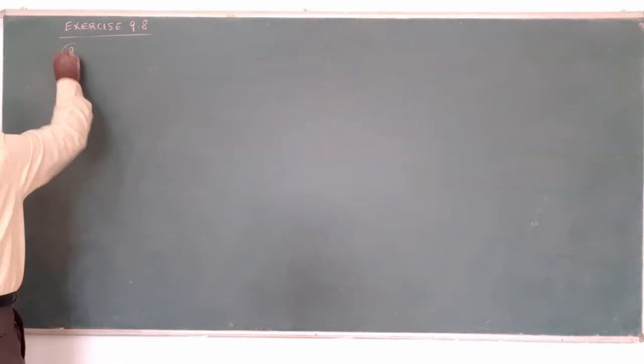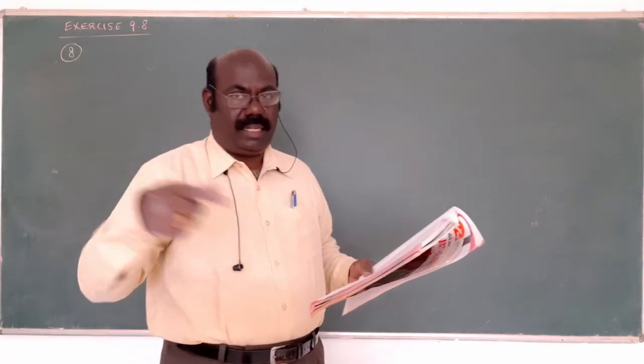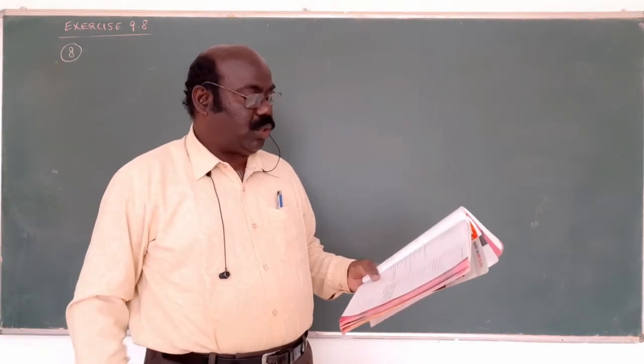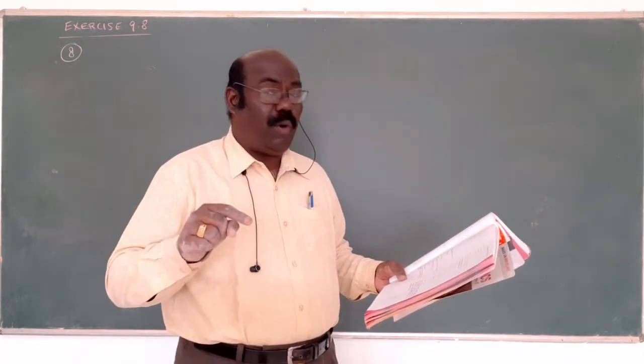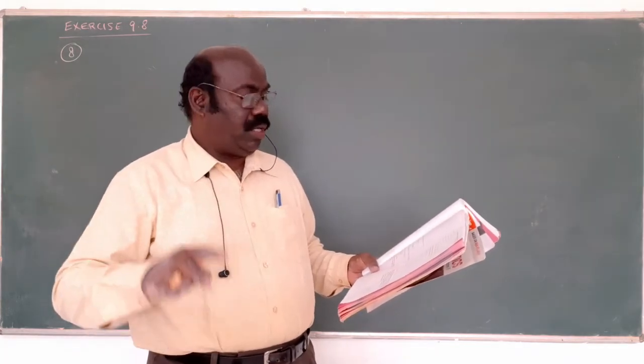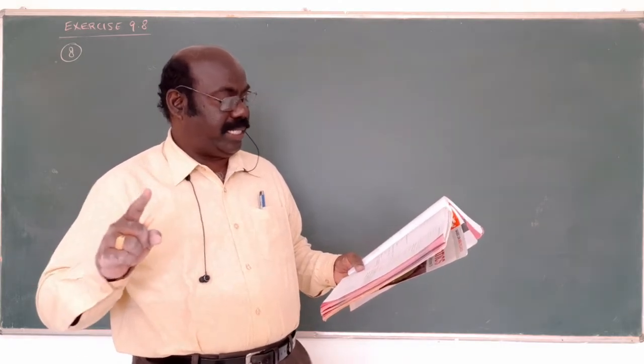Now, the 8th question. Refer to the question in the book. A father of a family wishes to divide his square field bounded by x equal to 0, x equal to 4, and y equal to 0, y equal to 4.